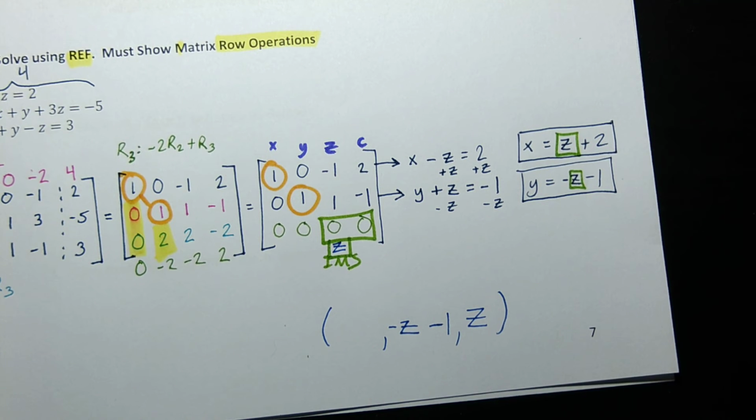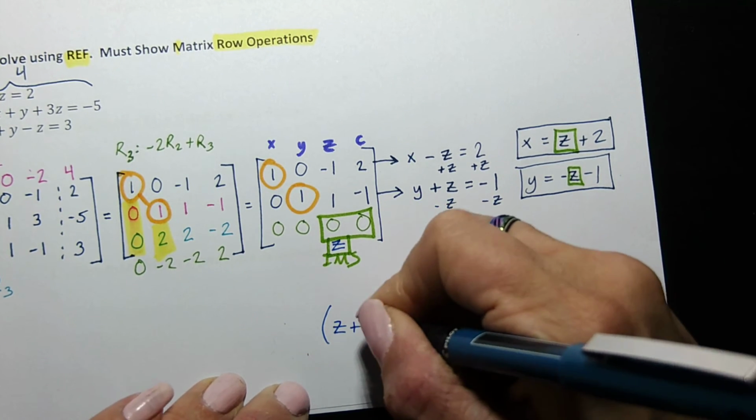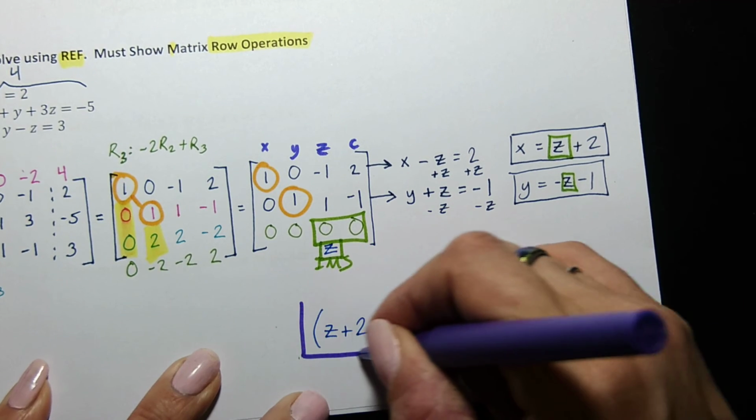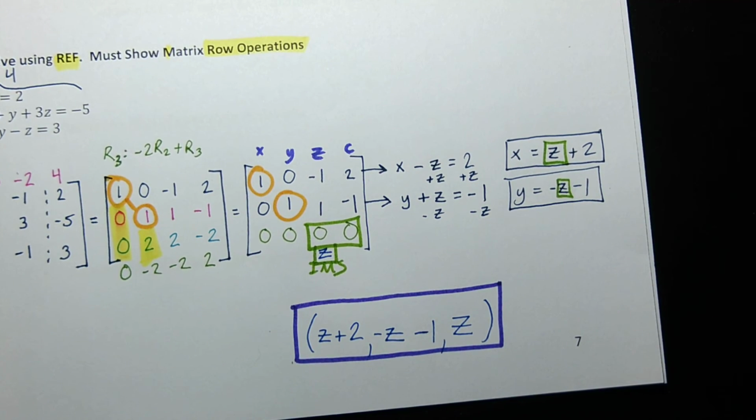An expression for x in terms of z, and that's what goes in my last slot. And that is my nasty coordinate solution formula.